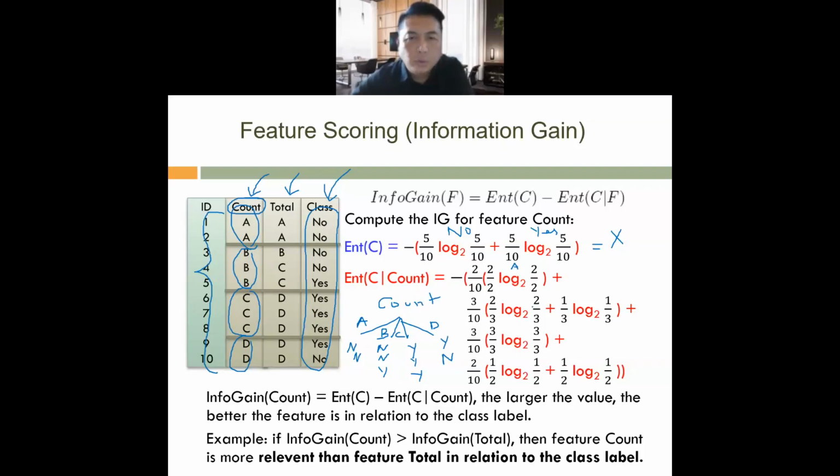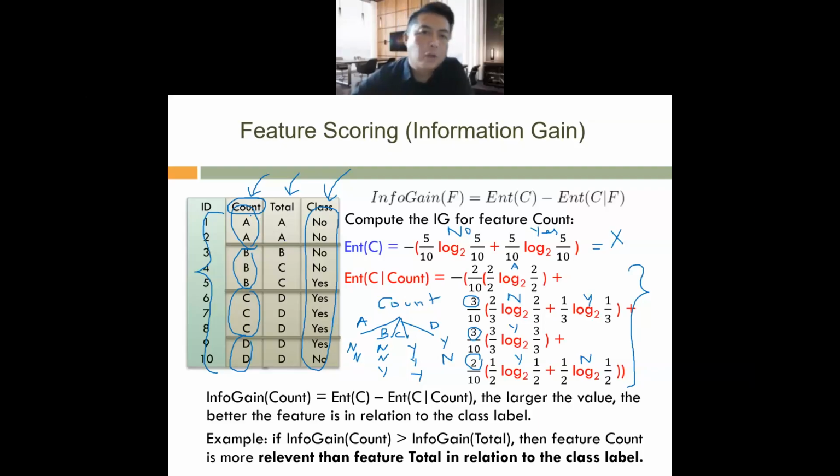So similarly to B, this is for the no and yes, 3 over 10. And then for the C, this is for the yes, we have 3. And then for the D, we have 1 yes and 1 no. And then in that partition, we only have 2. Okay, so this is the total entropy when we use the count attribute to split our data.